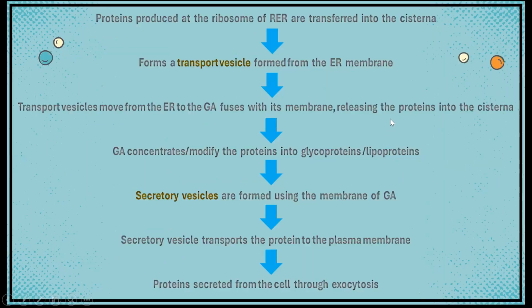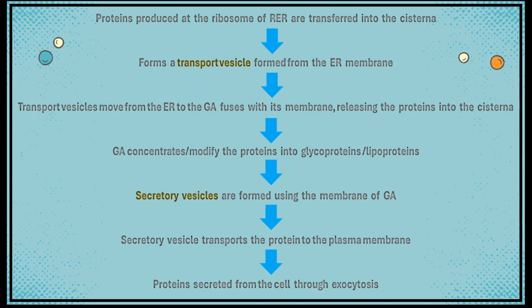So this is how the protein is produced in the rough endoplasmic reticulum. Firstly, the protein produced at the ribosome of the rough endoplasmic reticulum is transferred into the cisterna. It will form a transport vesicle from the ER membrane. Then the transport vesicle moves from the ER to the Golgi, fuses with its membrane, releasing the protein into the cisterna.